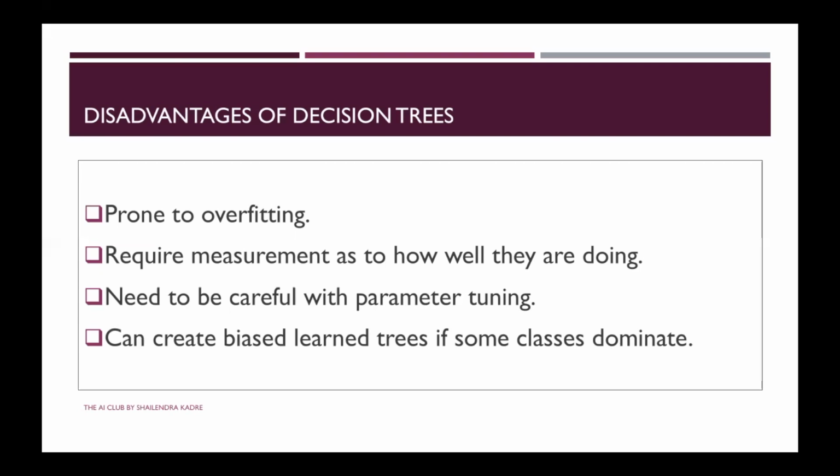Then we need to be careful with parameter tuning, and can create biased learned trees if some classes dominate. So if it is not a balanced data set and some of the classes are dominating, then the results that we get may be a result of biased learned trees. The trees may get biased and give results which are not up to the mark.